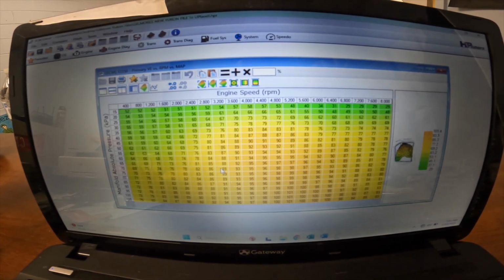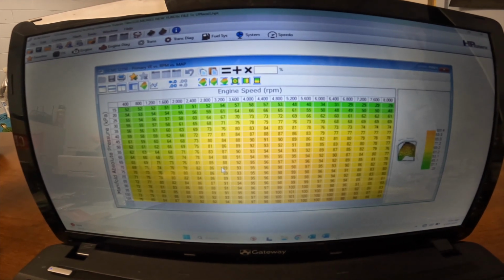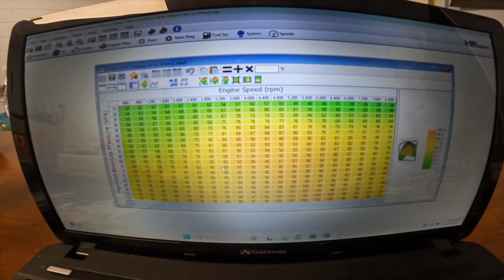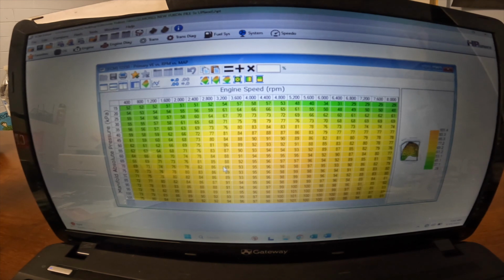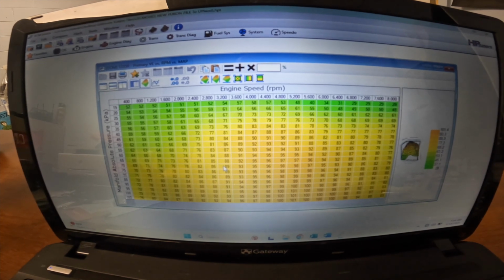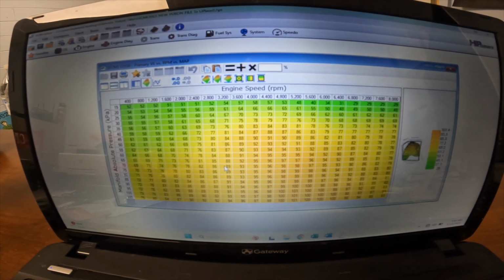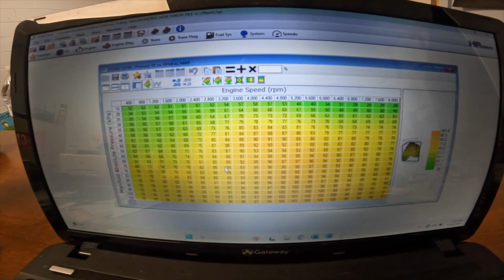The pro to the mass airflow system is that if the mass airflow sensor does fail, which I've never really experienced, it can reference the VE table so that the vehicle will still run. That just doesn't really happen though.